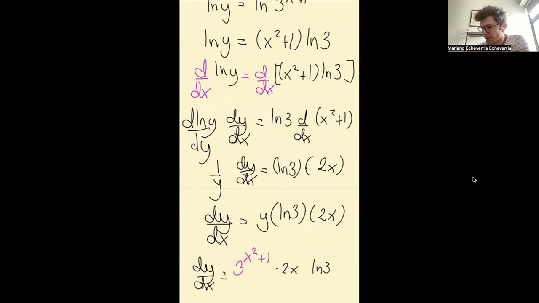It actually looks a little bit better this way. And that's the derivative. Is that okay? I don't know how many tried to do it, but any questions about this one?